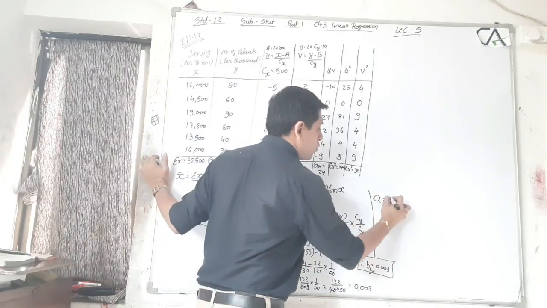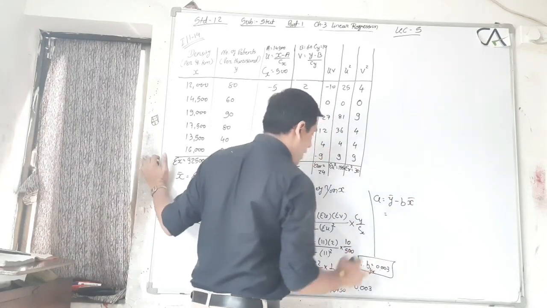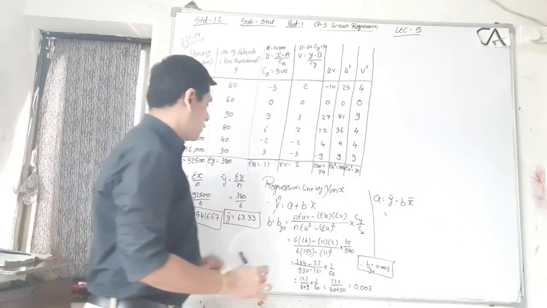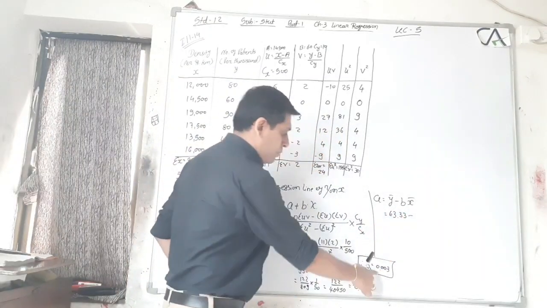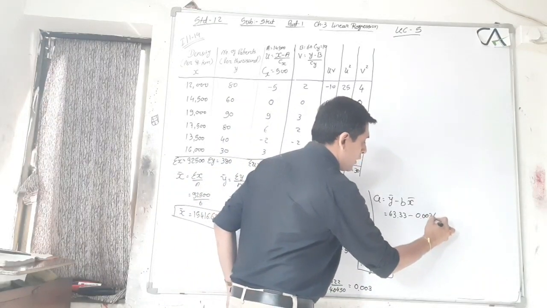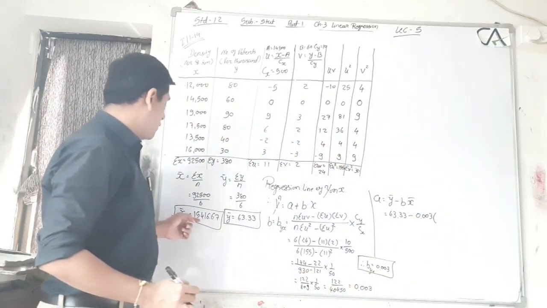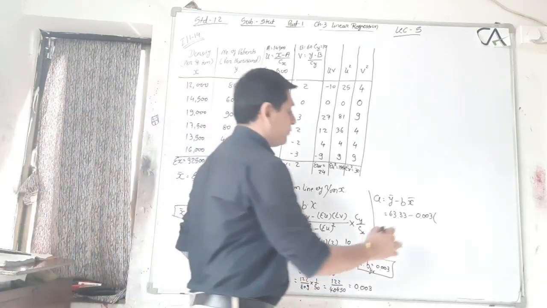a is equal to y bar minus b x bar. Y bar is equal to what? 63.33 minus b is equal to 0.003. X bar is equal to what? 15,416.67.